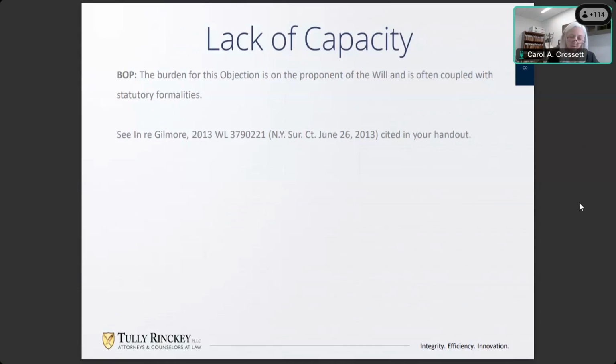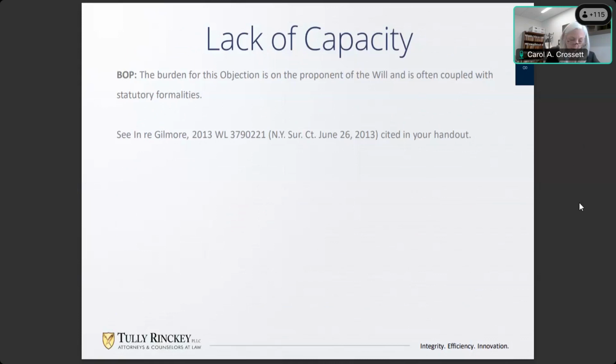In that case, the plaintiff claimed the conveyance by deed of real property was procured by fraud and undue influence, and that the transfer was made under a lack of capacity. He didn't have the capacity for the transfer.